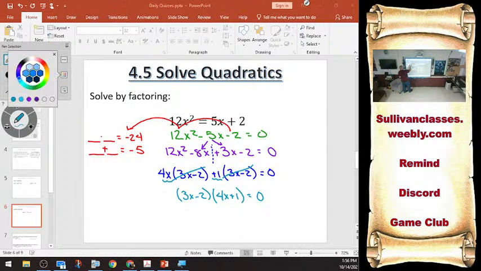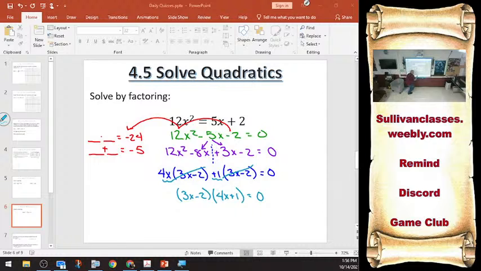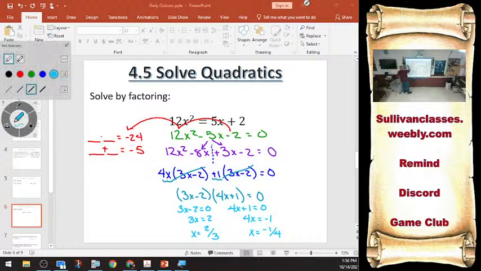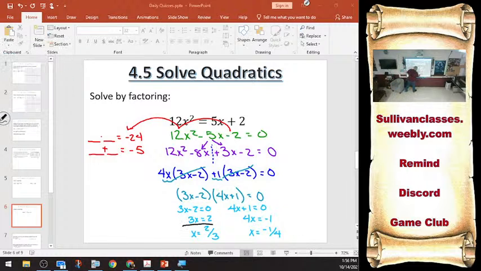We solve by setting each of these equal to 0. 3x minus 2 is 0, so 3x is 2, so x is 2/3. 4x plus 1 is equal to 0, so 4x is negative 1, so x is negative 1/4. Take it all the way. All right?